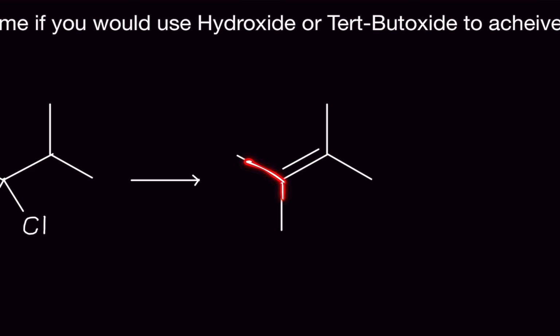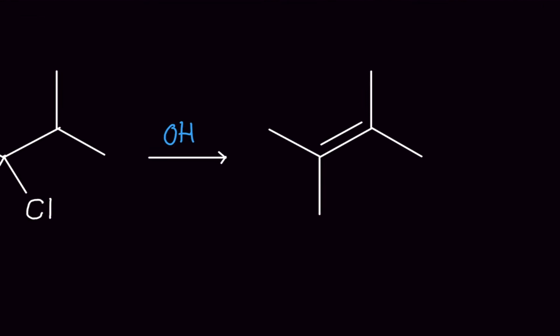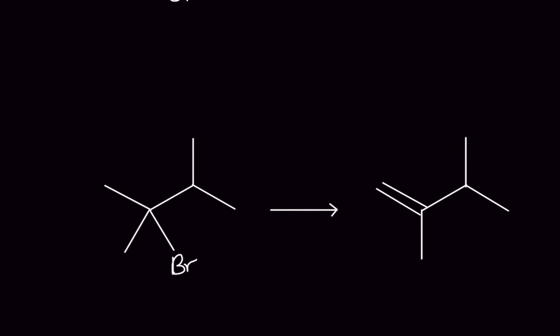So 1, 2, 3, 4, and this carbon 1, 2, 3, 4. So you can't attach any more R groups to this. It's already as substituted as it can be. And since I said that hydroxide is all about more substituted, more substitutions, more R groups, we know that it's going to be a hydroxide that is going to be the base. Okay, what about this one?